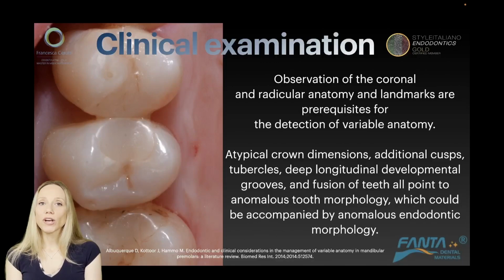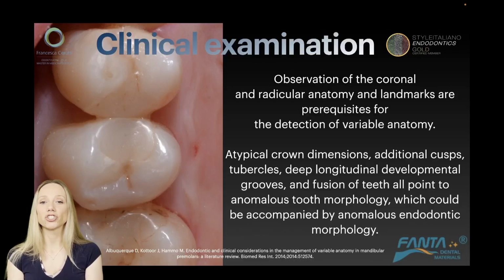When you look at the coronal and radicular morphology of teeth, you know you have some landmarks. And when you see that the dimensions of the crown do not fit with what you usually see, then you can start thinking that there could be something uncommon in the root canal morphology.